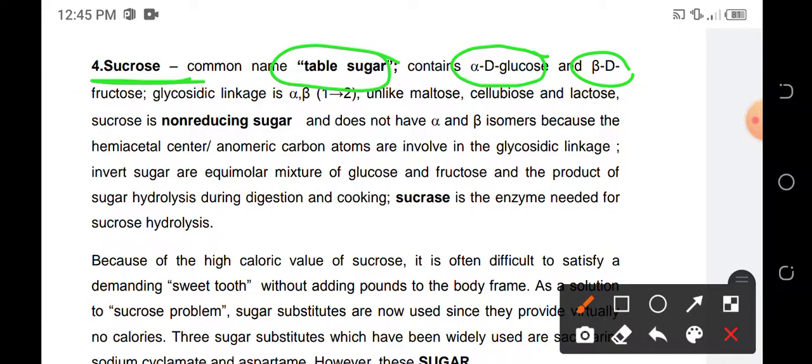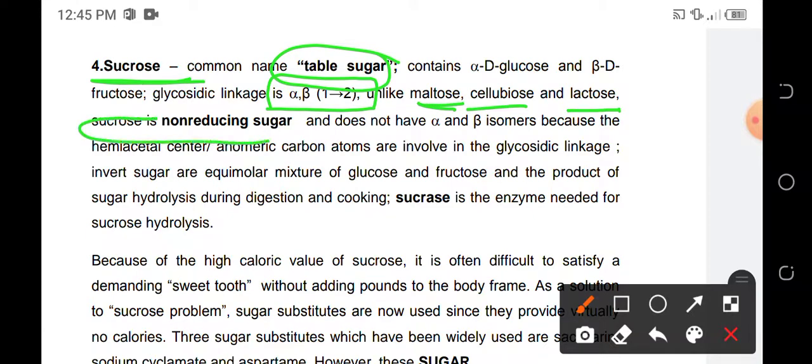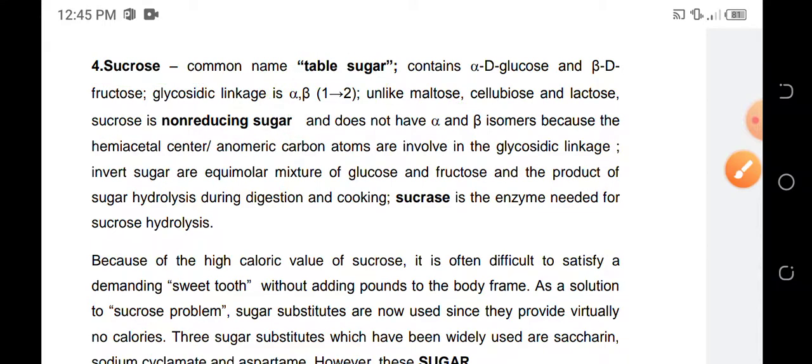The glycosidic linkage for sucrose is alpha-beta 1 to 2. Okay? So, unlike the first three disaccharides, maltose, cellobiose, and lactose, this sucrose is a non-reducing sugar. Okay, explain natin bakit non-reducing sugar siya.